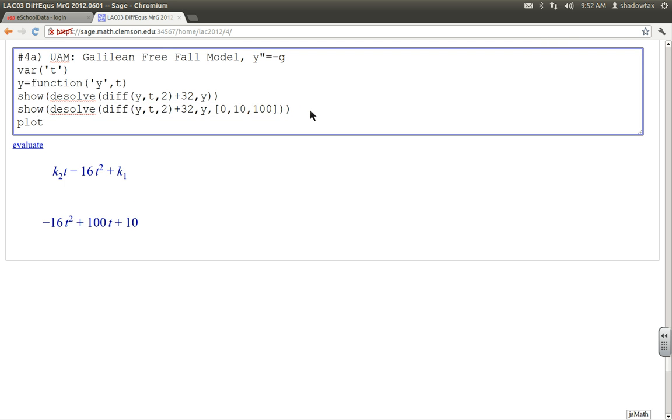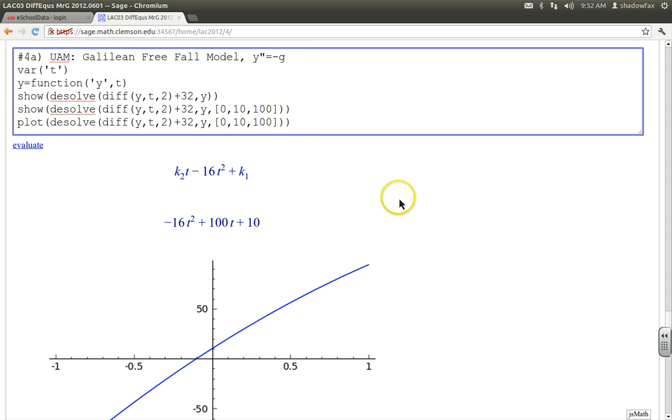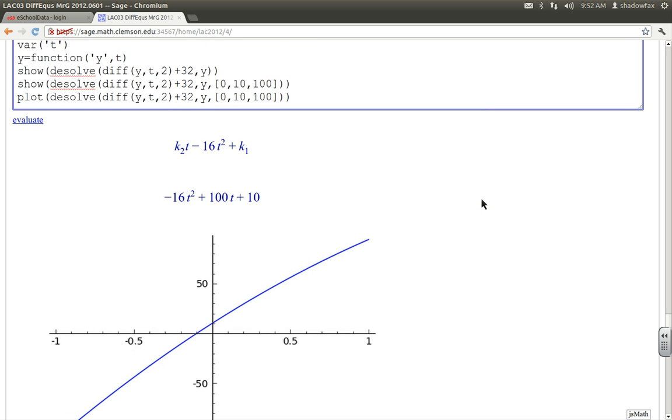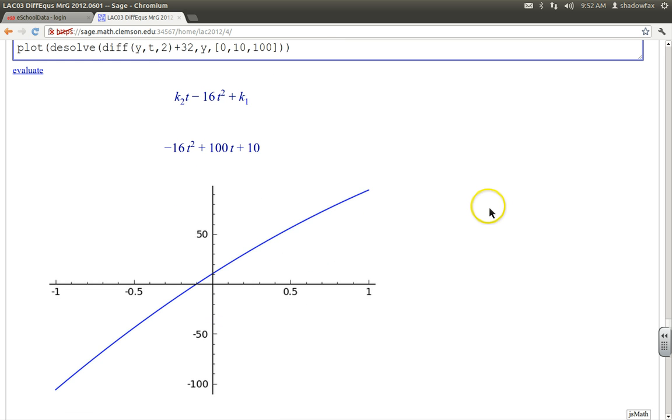Plot that. Well, that's not a great window because t equals 0 is when we start at y equals 10, and the slope of 100 doesn't quite look like a slope of 100. But I want to see when it hits the ground, that stuff. I want to see how high it gets. I want to see where it hits the ground.